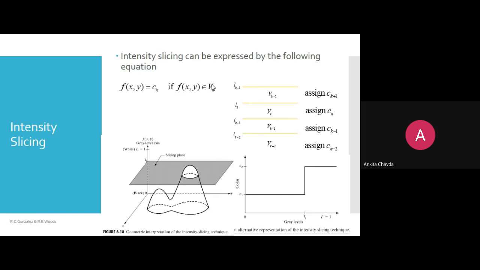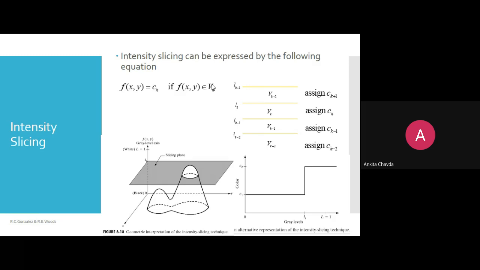I am saying that from intensity 1 to 50, I want color C1. So the intensity set 1 to 50 is your V1. If your intensity is between 0 and 49, then the color would be C1.